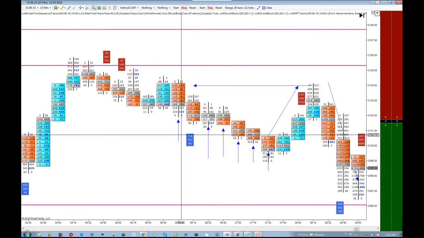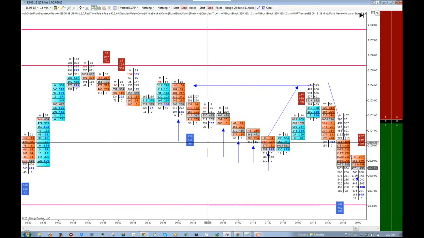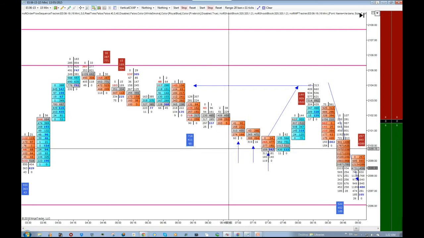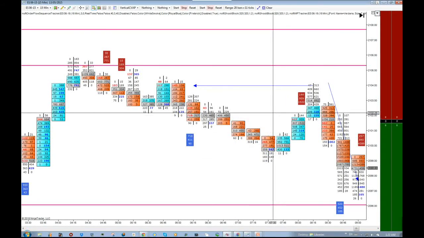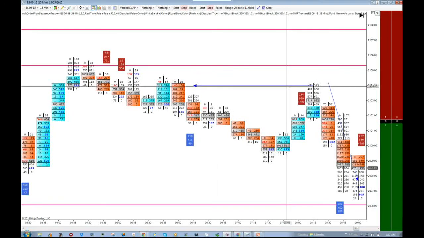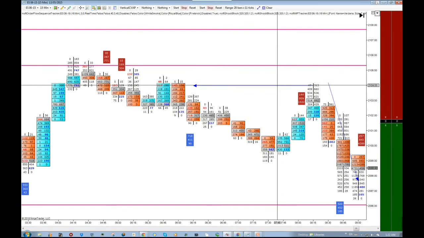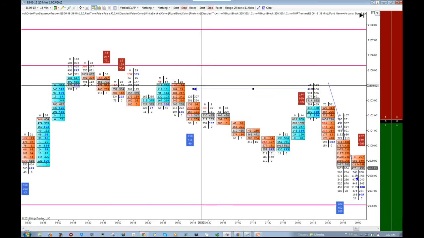So how can you use that information? Obviously, knowing where the market is likely to stop gives you the ability to have some very nice trade locations. Obviously at 2104 that would have been a great trade location, or even one tick below it at 2103 3/4.